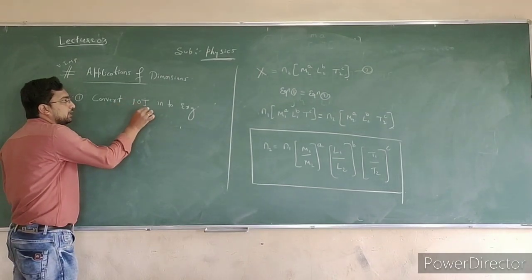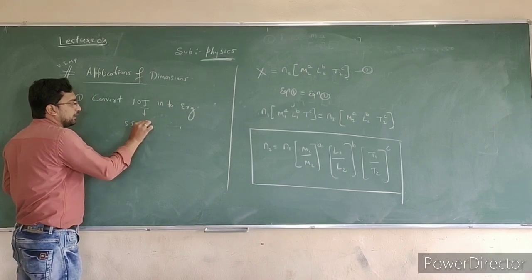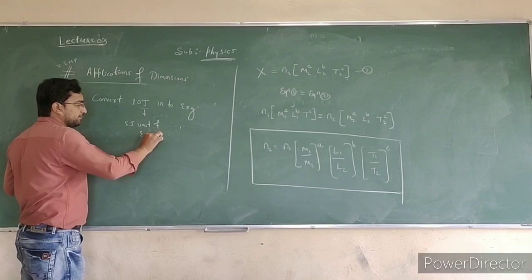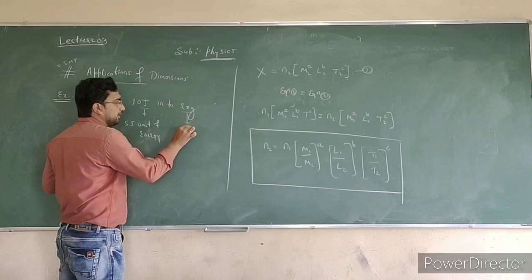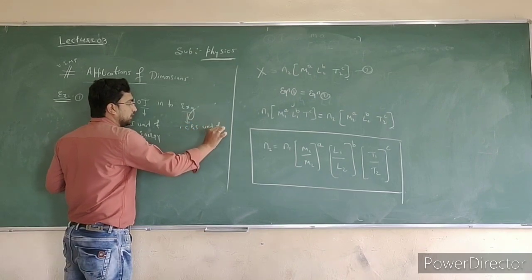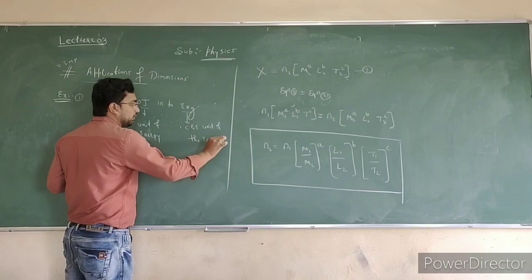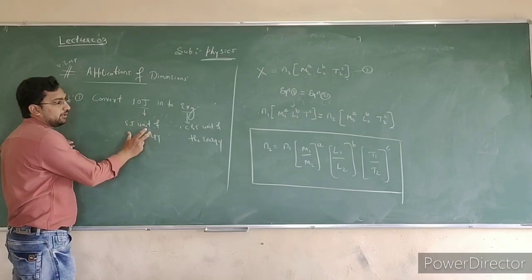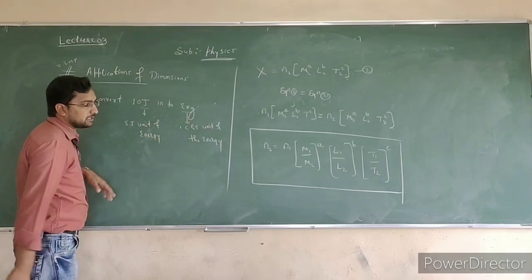Joule is the SI unit of energy. Next, erg is the CGS unit of energy. So here we are going to convert from SI system to CGS system.